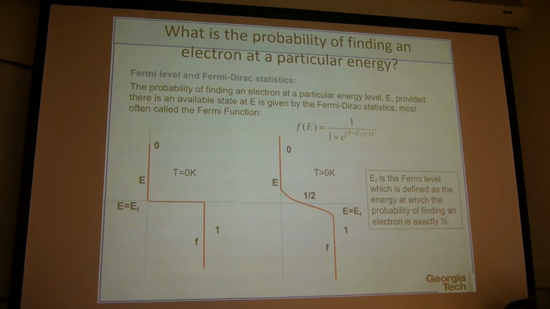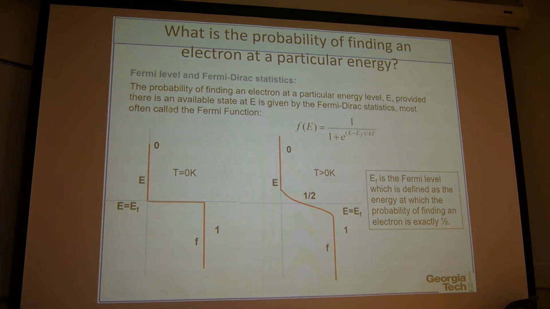Okay, so why are we interested in this Fermi level? Because it will help you to answer this question: what is the probability of finding an electron at a particular energy level? This is given by the so-called Fermi-Dirac statistics.